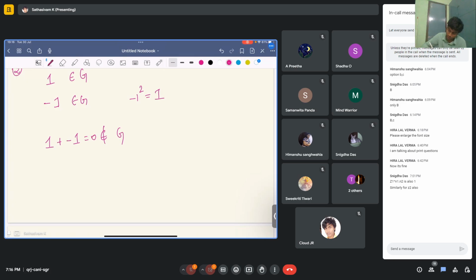Whatever n you take, 0 power n is actually 0, which is not equal to 1 for any n belonging to the natural numbers. So the addition is not closed, so G is not a group under addition.